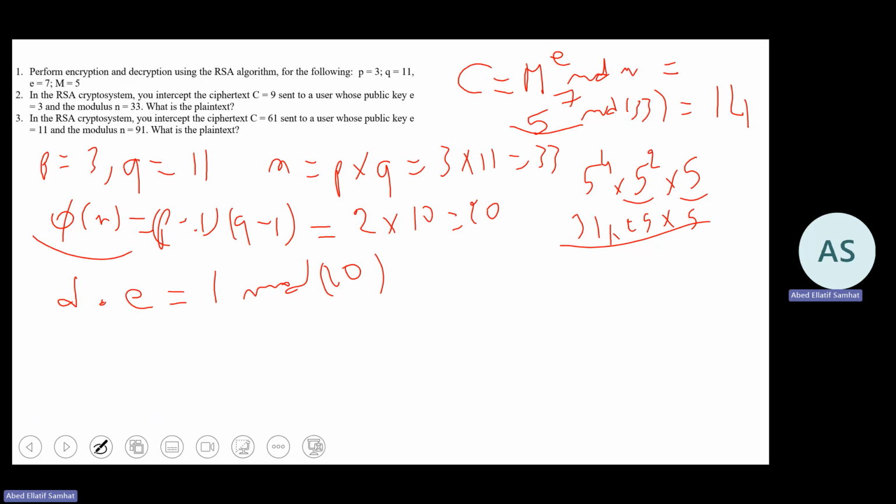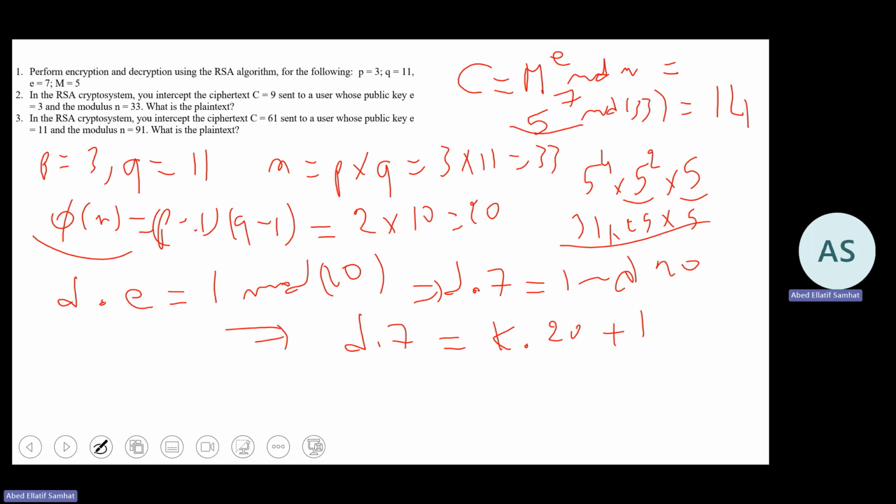In this case, we should find D times 7 equal to 1 mod 20. This means that D times 7 equals K times 20 plus 1.